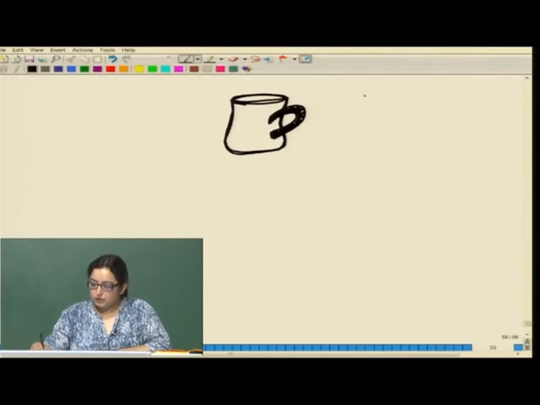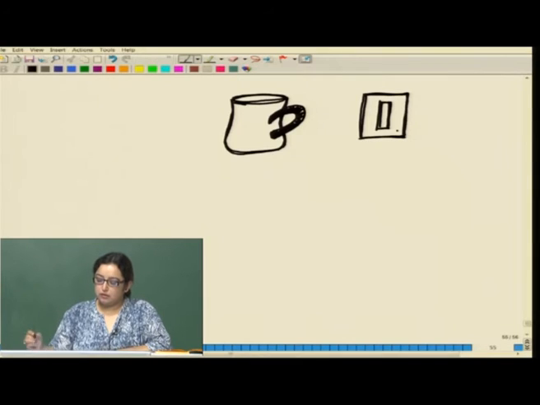For example, this is a form with a handle, it is a cup or a mug, that is frontal.